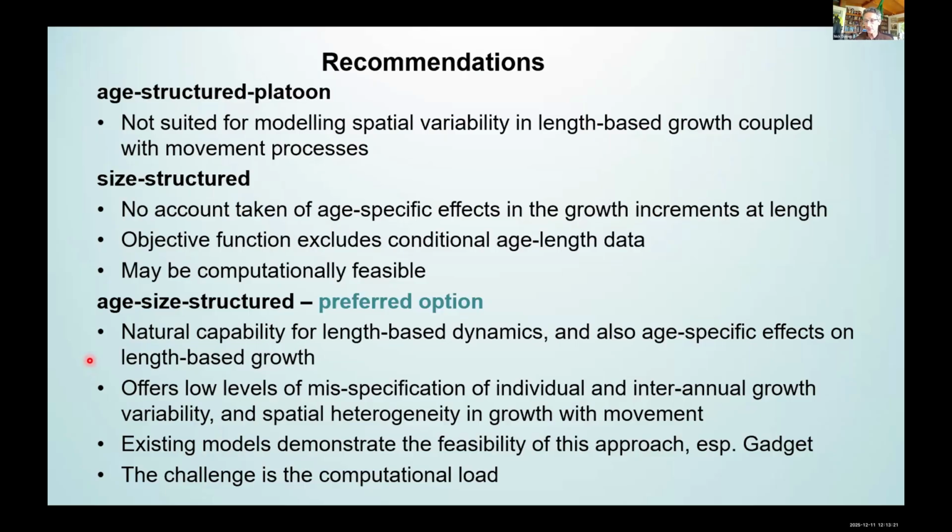And I would say that the existing sets of age-size models do offer a really good template for developing a next generation model. And I think Gadget is 90% there, with all of the TMB and R functions available for things like sparse matrix operations and OpenMP parallelization.